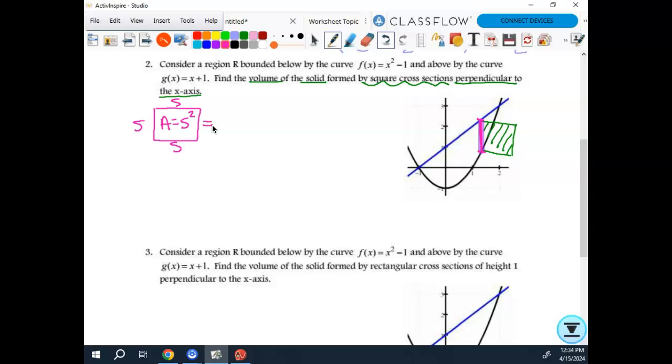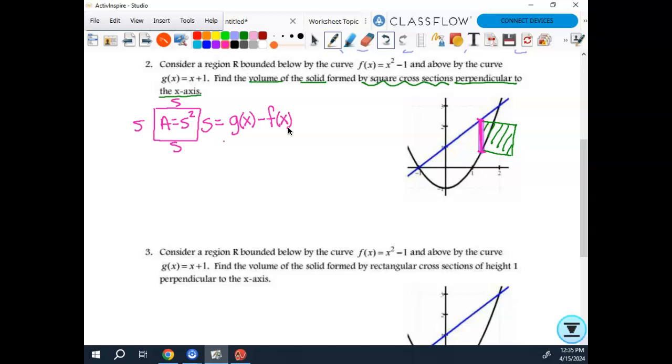Okay. So these are my y values, right? So once again, I would just do the top minus the bottom. That means this s here, let me put the s first, that would help. S here equals g of x minus f of x. You agree with that?